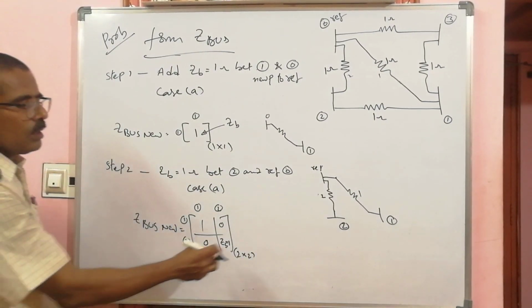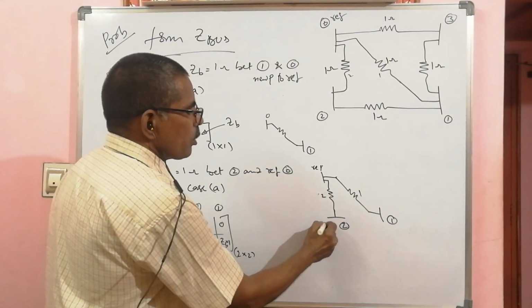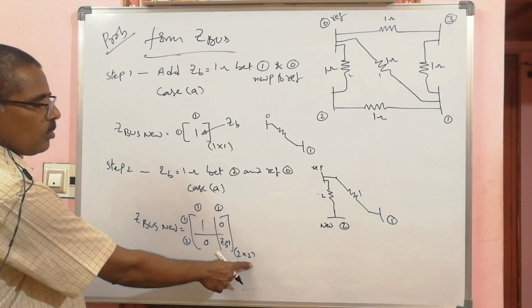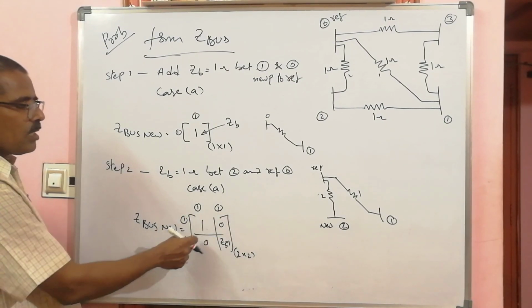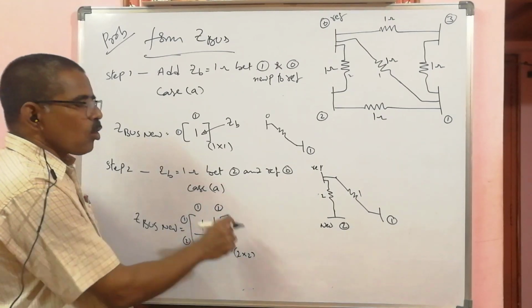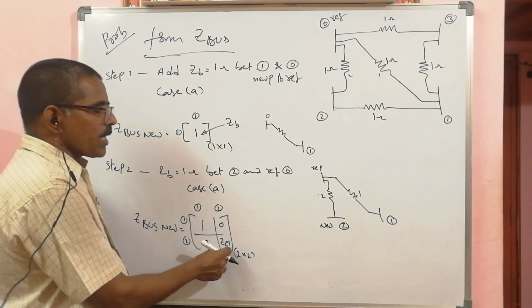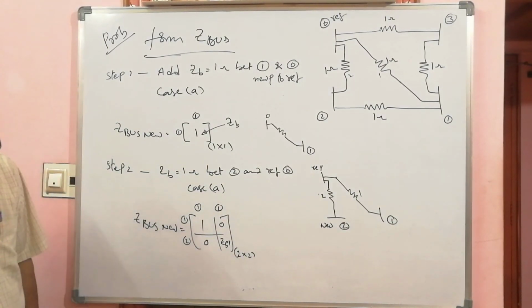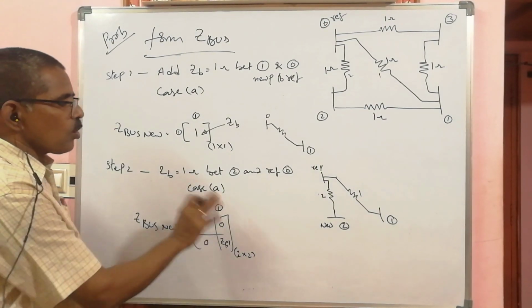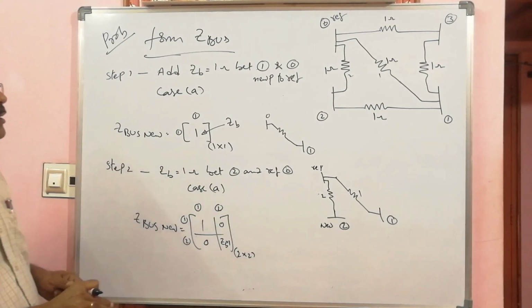That's all. So it is becoming 2 by 2 now. Earlier 1 by 1. Because of the added new bus, it is to be 2 by 2, and procedure says add zeros in the added column and row, excepting this diagonal. Diagonal is ZB, which is 1. So 1 0 0 1 is the matrix.